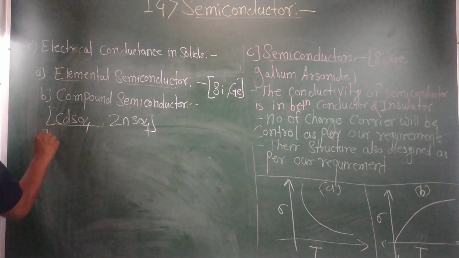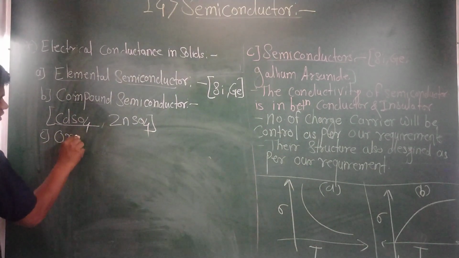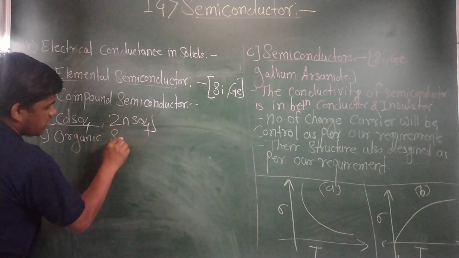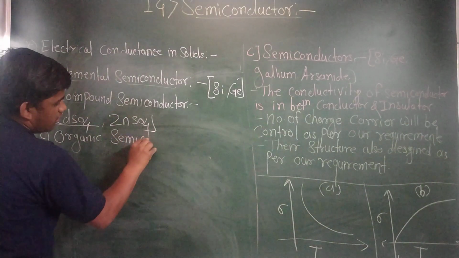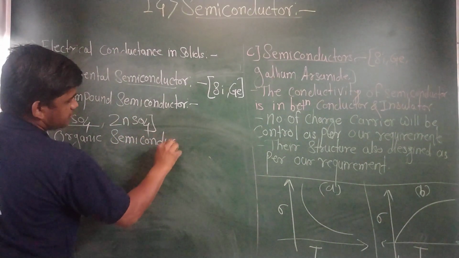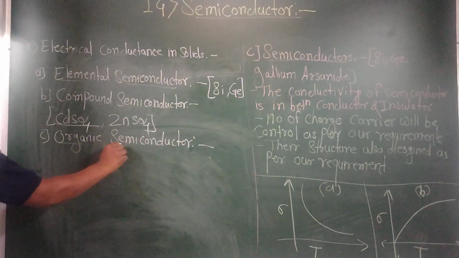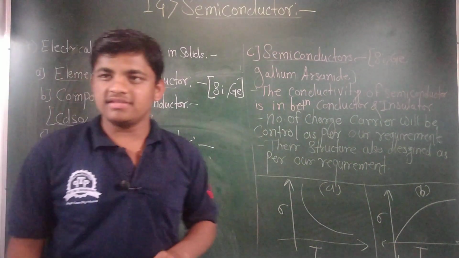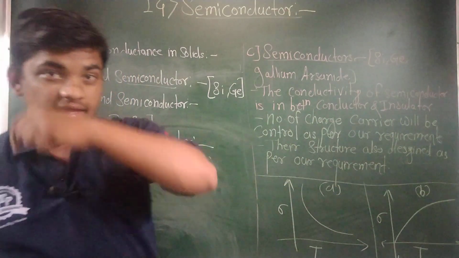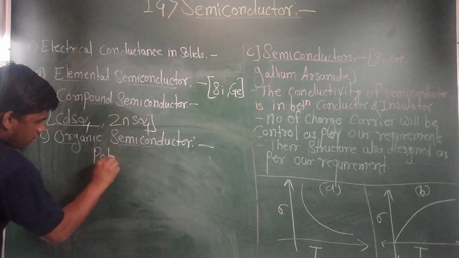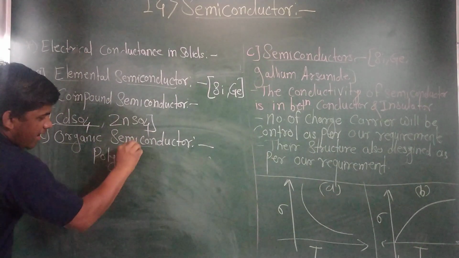Then the third part, part C, is the organic semiconductor. One example of an organic semiconductor is polyaniline.